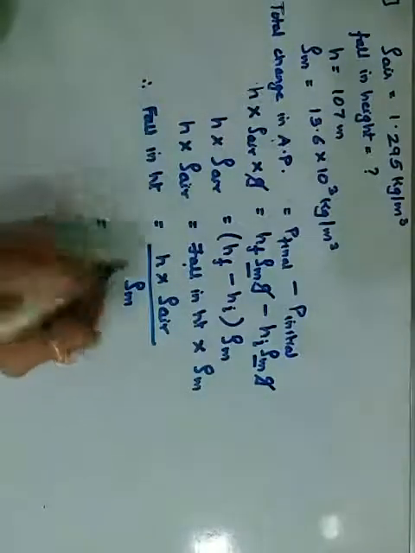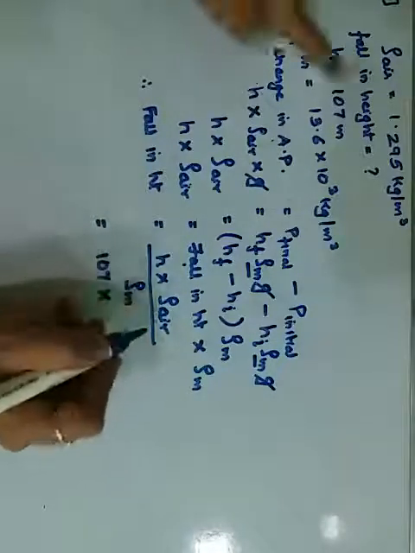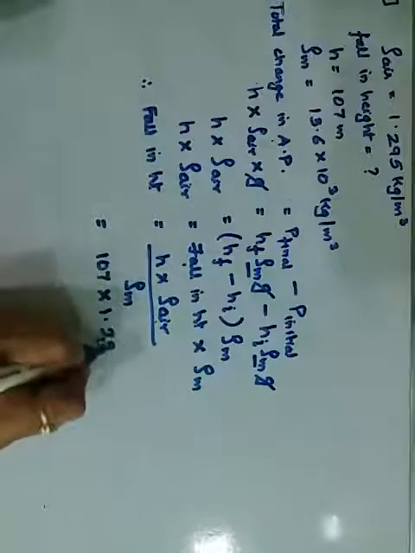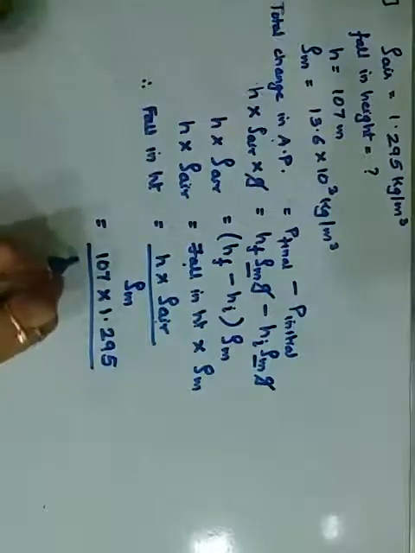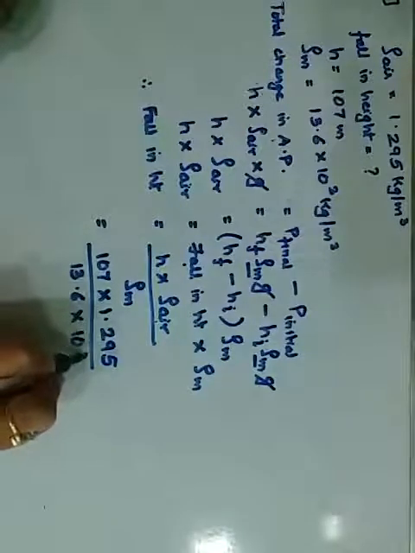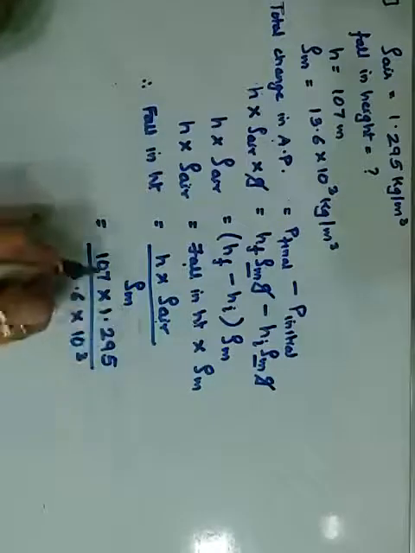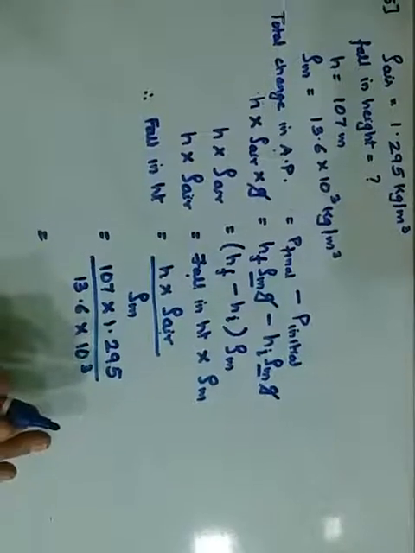If I put the calculation part, the height given to me is 107, into the density of air, 1.295, upon the mercury, that is 13.6 into 10 raised to 3. This is a difficult calculation, but here you are going to get a round value.